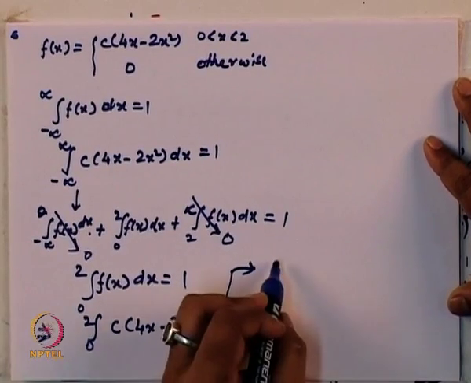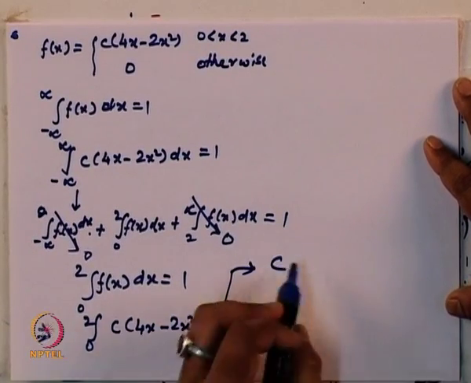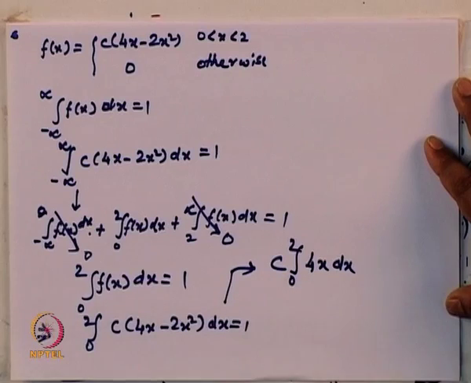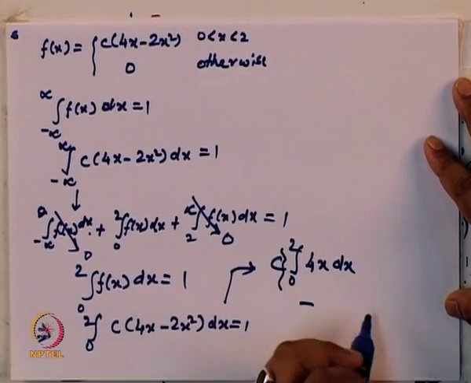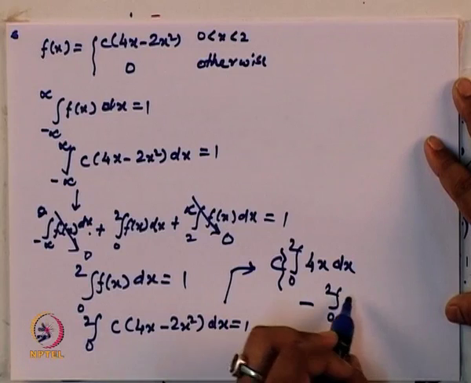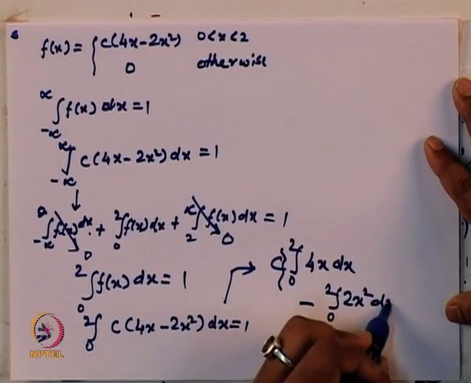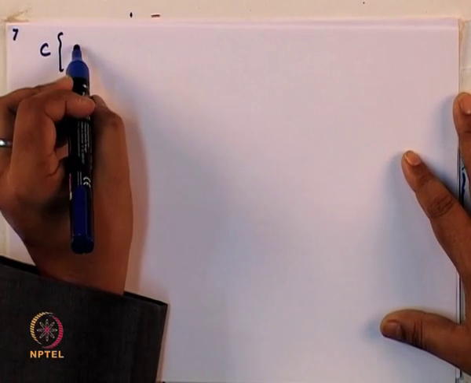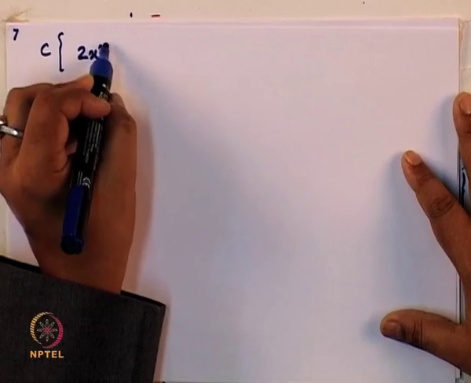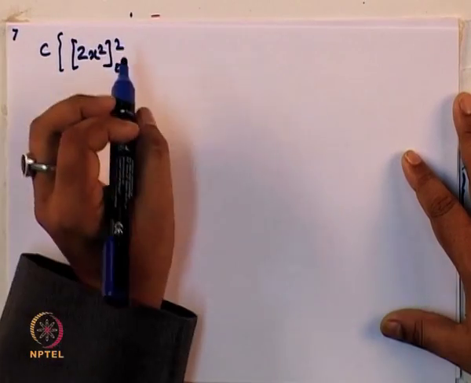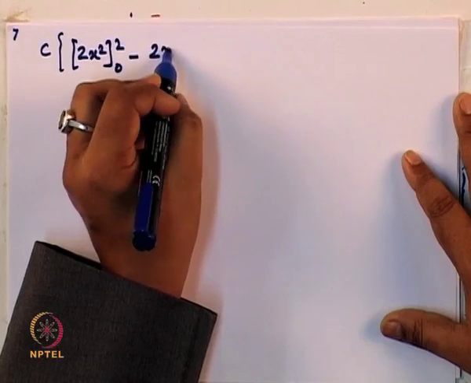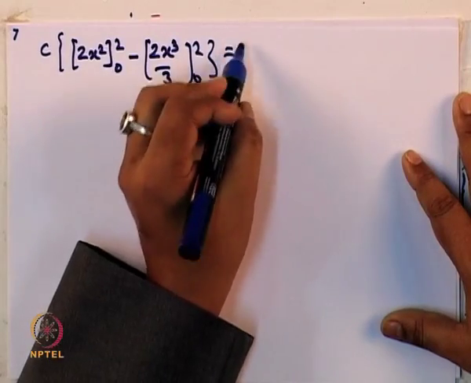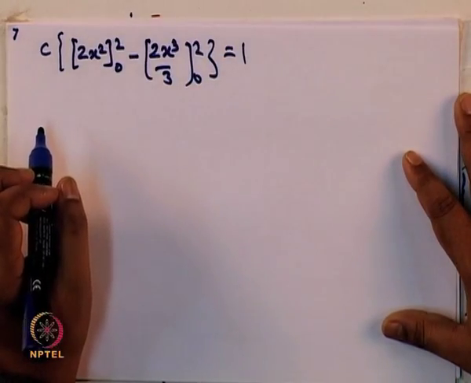So, this takes me to, I can take out the constant c. This is the integral from 0 to 2 of 4x dx minus the integral from 0 to 2 of 2x square dx equal to 1. So, 4x integrates to 2x square, minus 2x cube by 3.